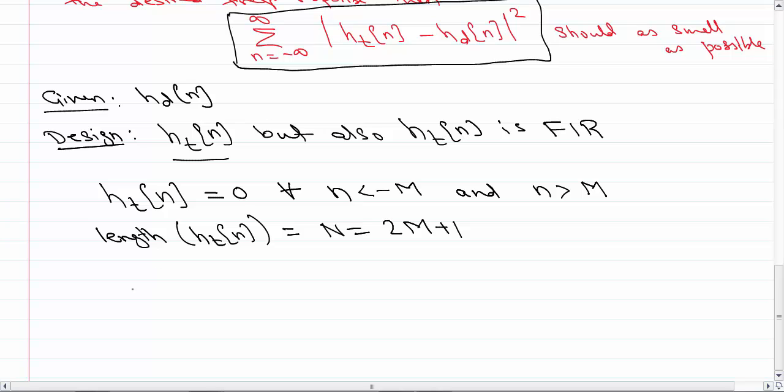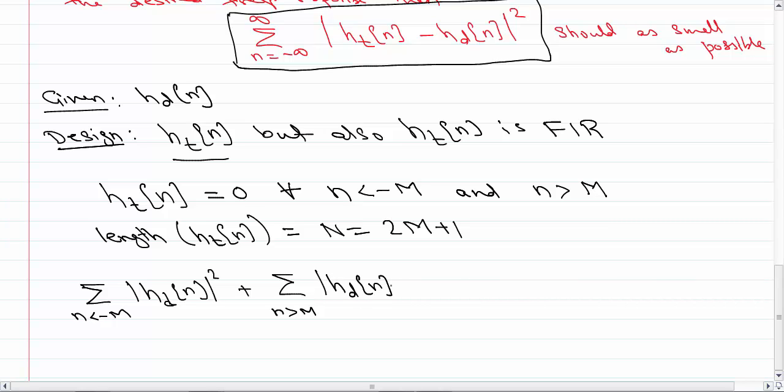So the statement becomes that I have, for n less than minus M, I only am left with h_d[n] squared, plus for n greater than M, I still am only left with h_d[n] squared, plus I have n from minus M to M, h_t[n] minus h_d[n] whole squared.